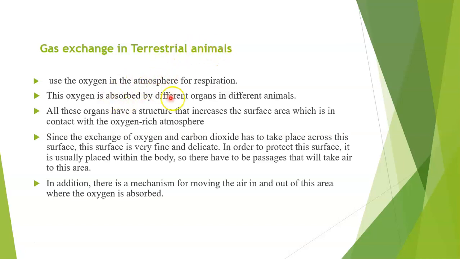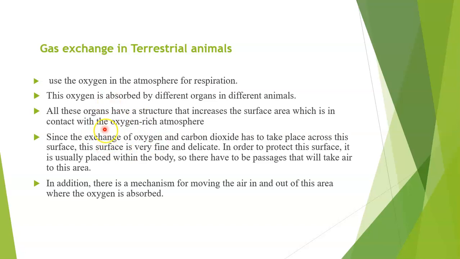Then to get this atmospheric oxygen they have different organs in different organisms. So different organisms, say for example cockroach, earthworm, birds, frog, crocodiles, all these have different organs to get this atmospheric oxygen.